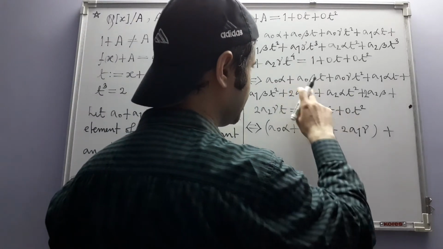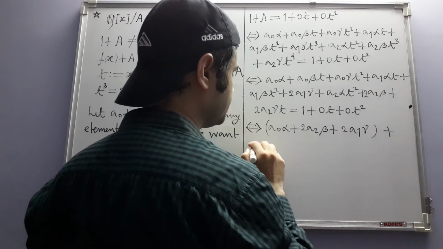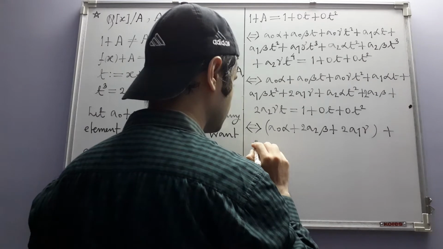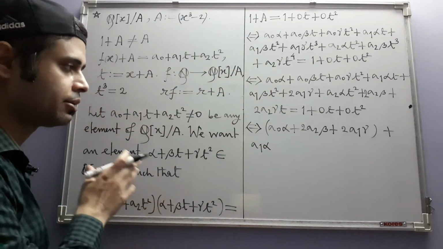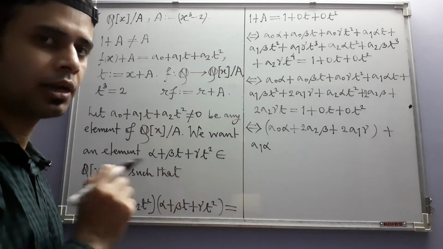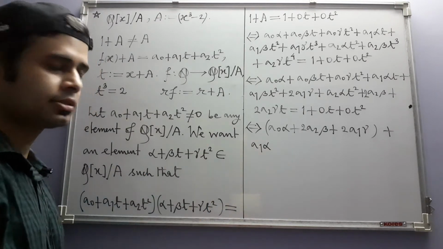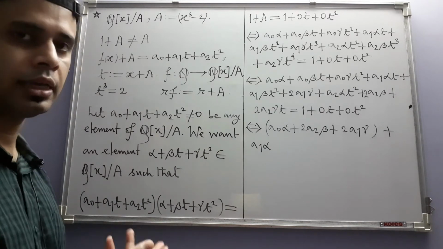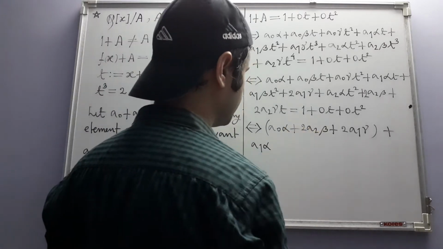So plus a1 alpha. We are not collecting the terms randomly. We are writing them as combinations of alpha, beta and gamma, where the coefficients are a0, a1 and a2, some multiples of them.